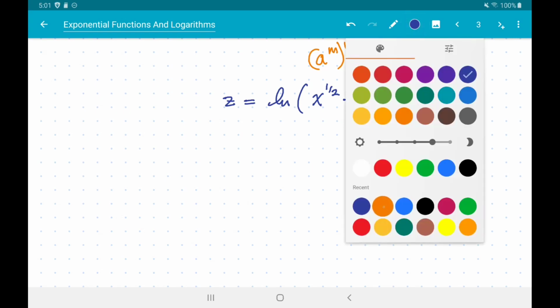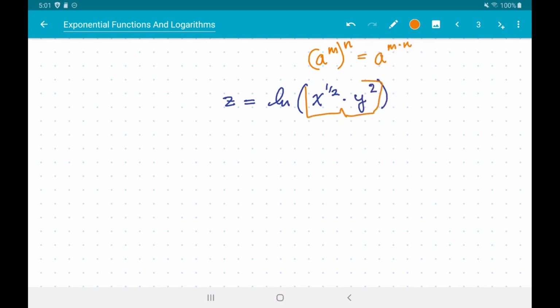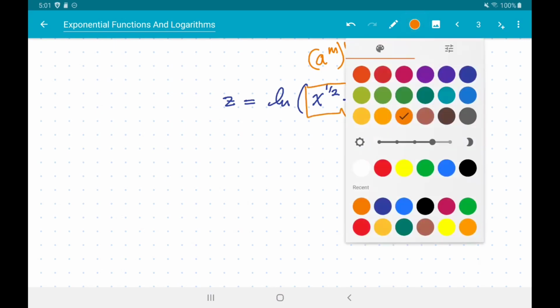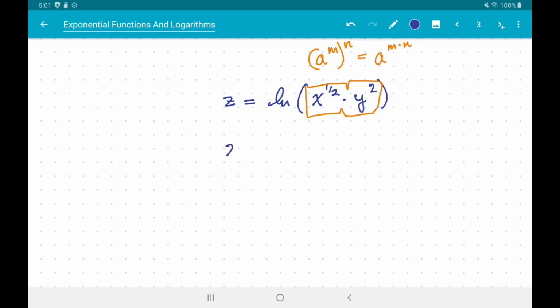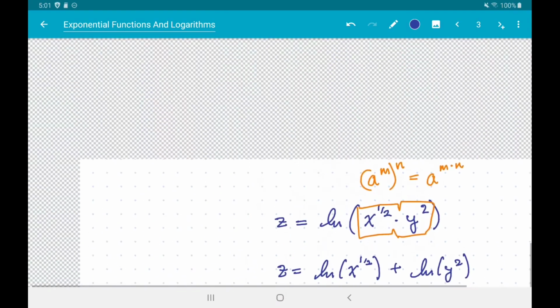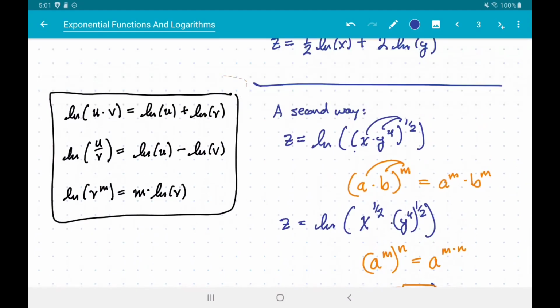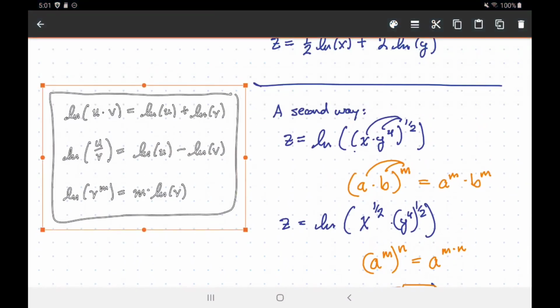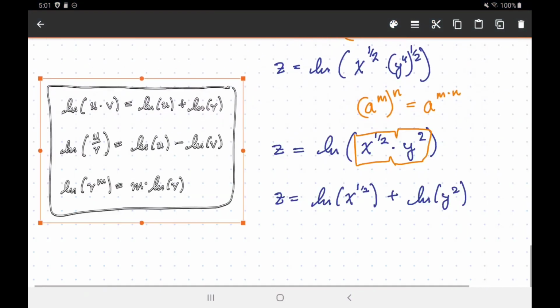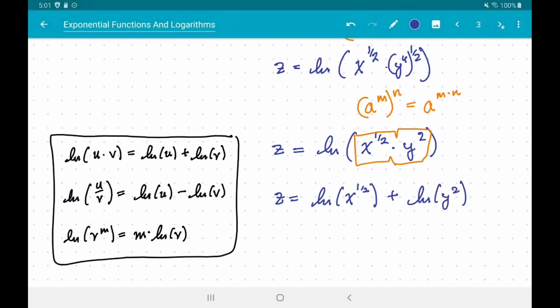Okay, first thing is to handle ln applied to that multiplication and take that apart. Ln of x to the 1/2 plus ln of y to the 2. And I'm going to have to move my card again. And there I have used that rule.